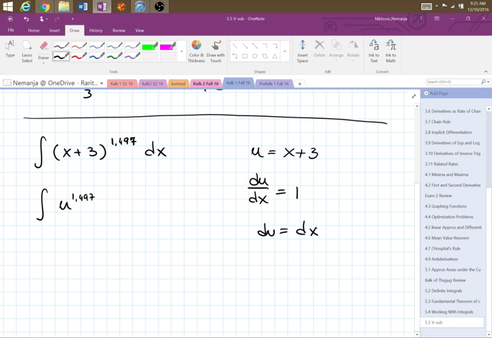Now we'll see all different versions of it. So now look at the new problem. The new problem is a simple problem that we can solve just by adding 1 to the exponent. So this is u to the 1498 divided by 1498 plus c.